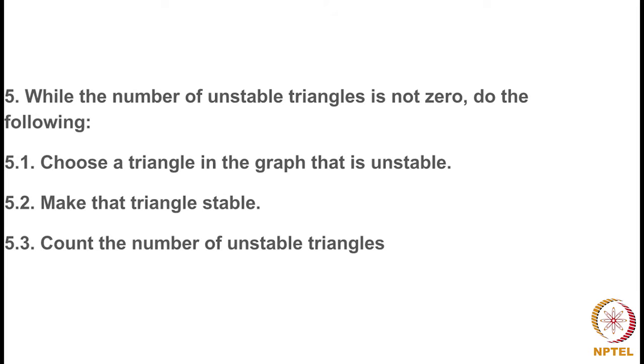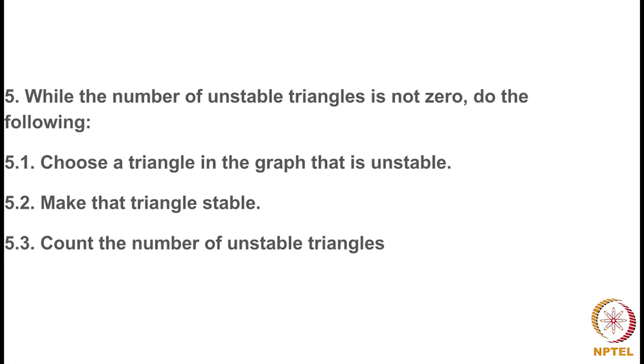So we'll make that triangle stable, and after a triangle becomes stable, a number of relationships change, and due to that the adjacent relationships also get affected. So the adjacent triangles may become stable, or they can become unstable as well. So this changes the total number of unstable triangles. It can increase, it can decrease. We'll actually see during the implementation how it fluctuates.